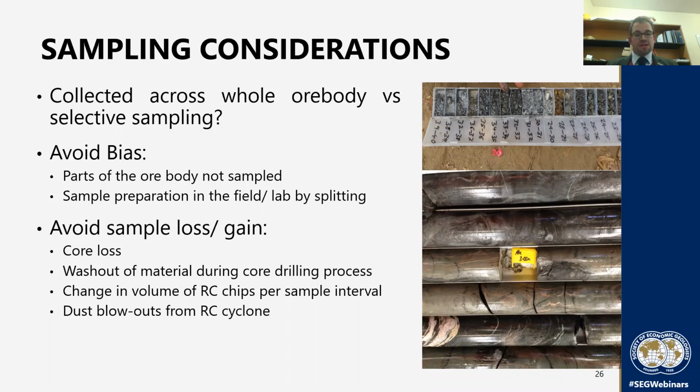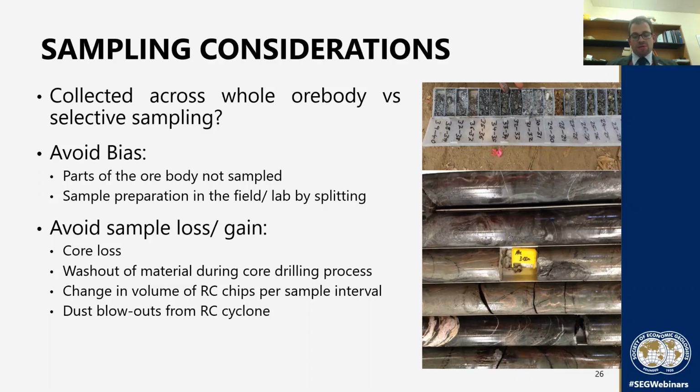Now, this is not the ideal way of doing it, and you shouldn't do selective samples because, as I said, this will introduce bias, and it will also lead to erroneous resource calculations. So please avoid sampling only parts of the ore body.